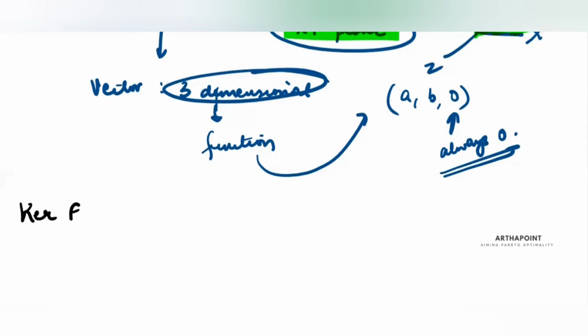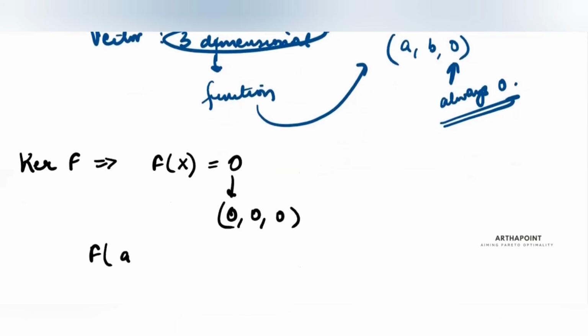Now, if I ask you what is the kernel of f? What is the kernel saying? I want f of x equal to 0. When will I get my vector as (0, 0, 0)? Whenever you put any vector (a, b, c) inside the function, you get (a, b, 0) as the output.